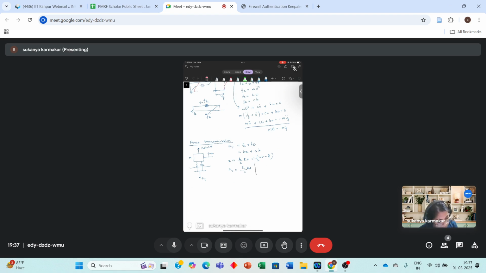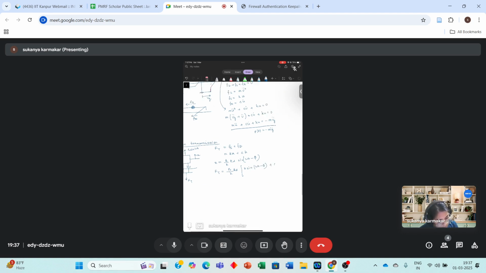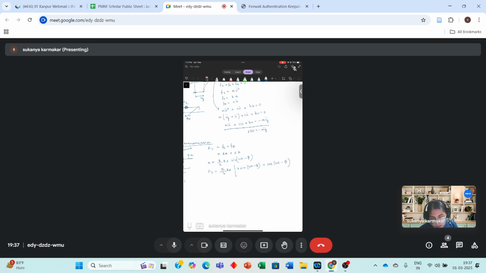Then this k times sine of omega t minus phi plus cos, take its derivative. You have cos of omega t minus phi, and you have a c omega term as well, plus c omega. From here, again, we'll use the same concept which we discussed.